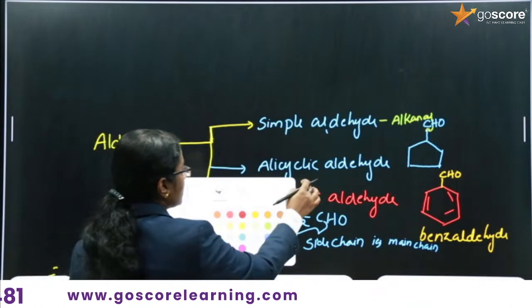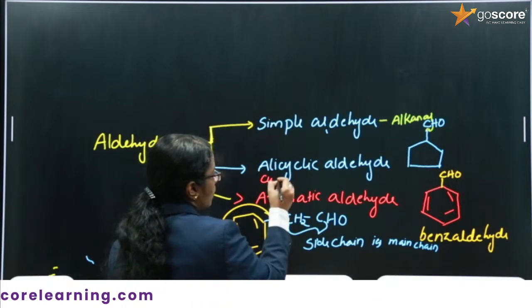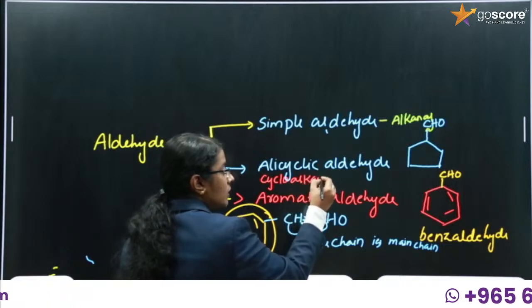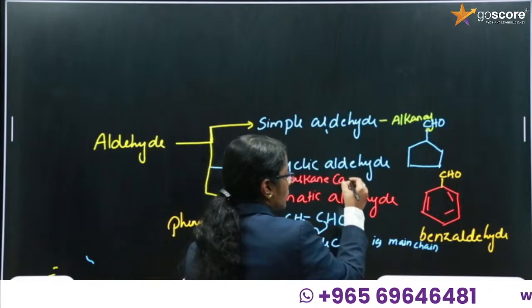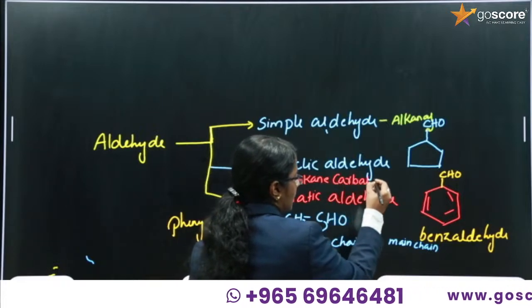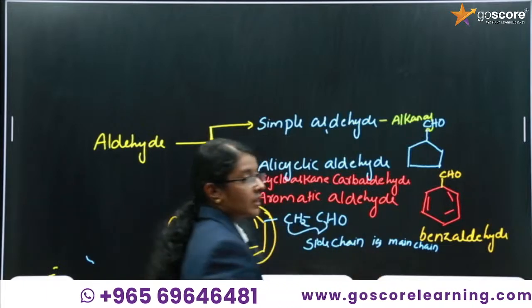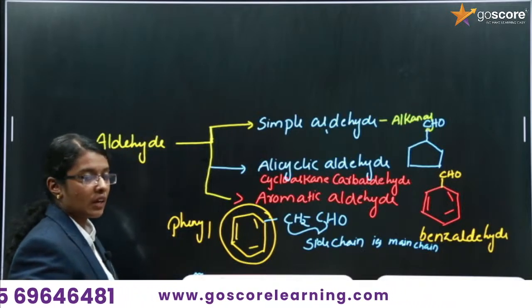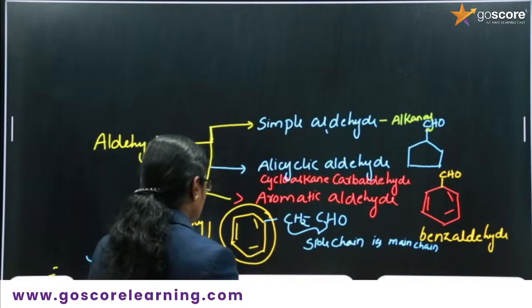If it is an alicyclic compound, then it is called cycloalkane carbaldehyde. We can discuss it in detail.